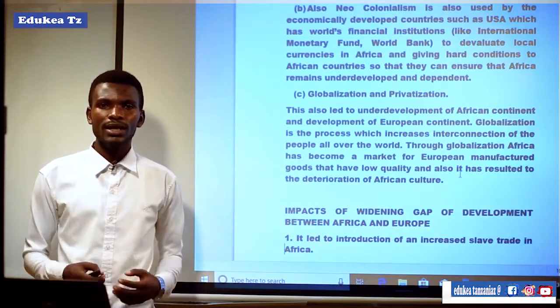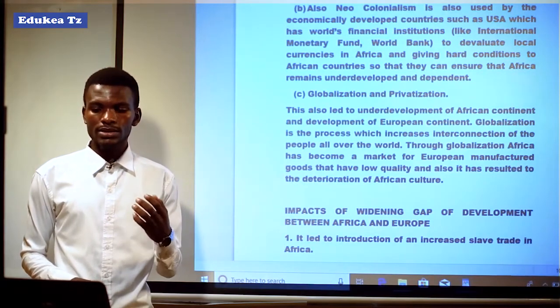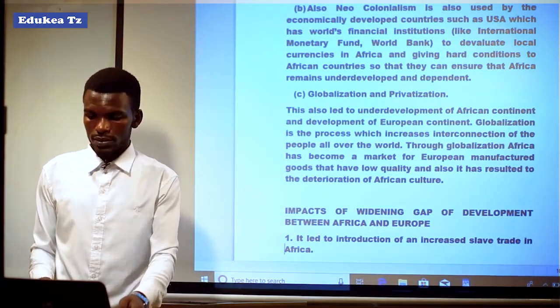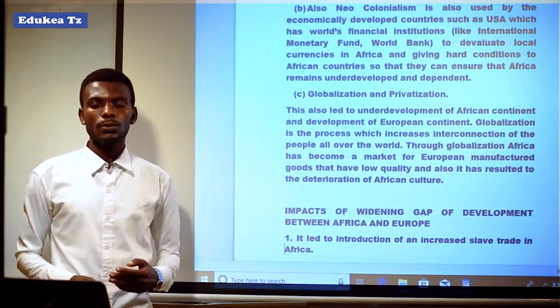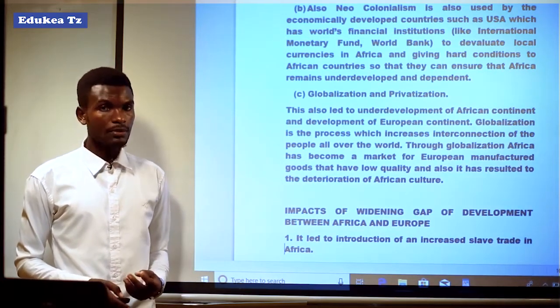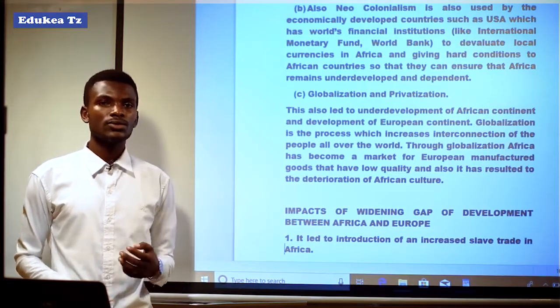So you can see that until now, African nations are just the area for dumping the European manufactured goods, which have become the problem for African nations to develop.